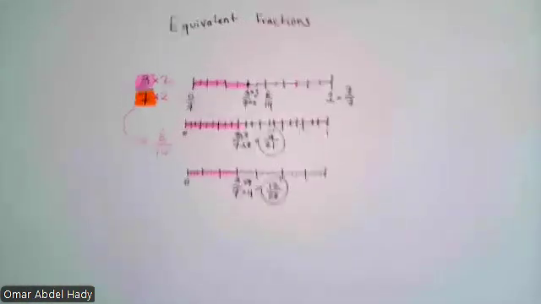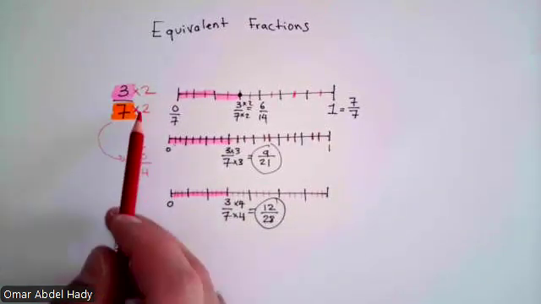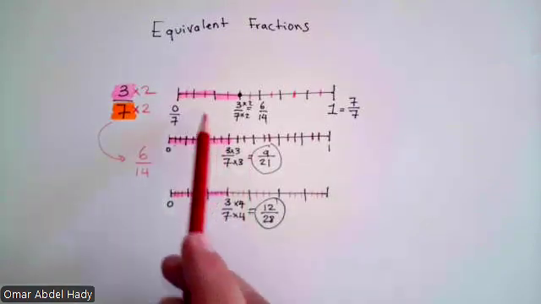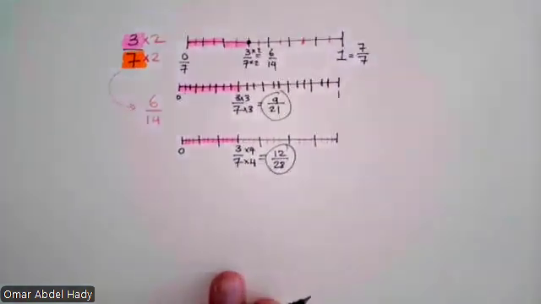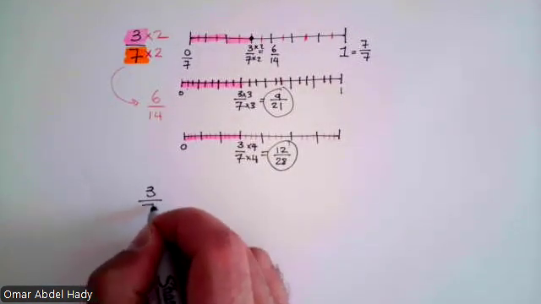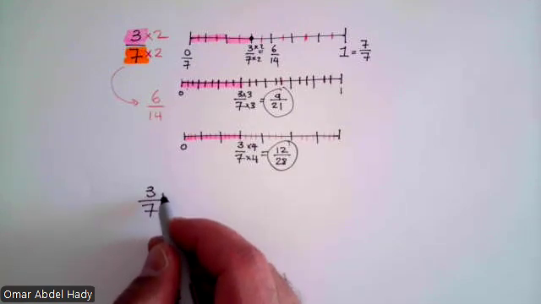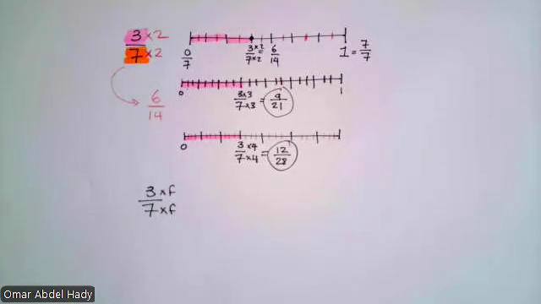I did it by partitioning each seventh into the same amount, either halves or thirds or fourths. The shortcut is, if you want to find an equivalent fraction to 3/7, you have to multiply the 3 and the 7 by the same factor, by the same number.